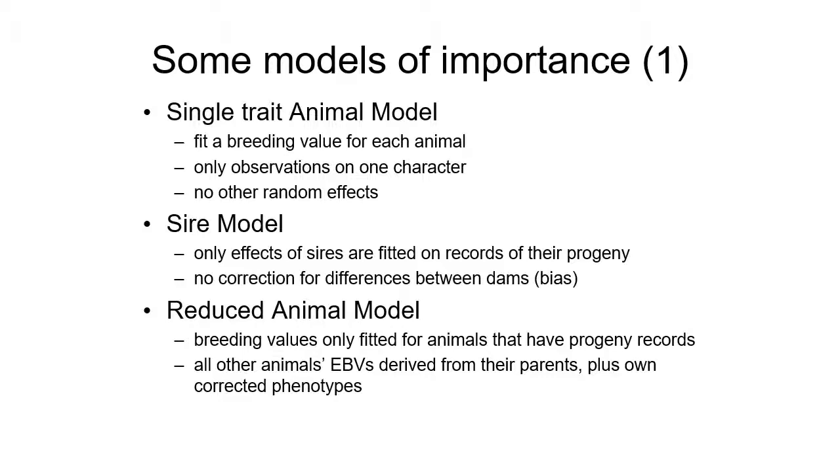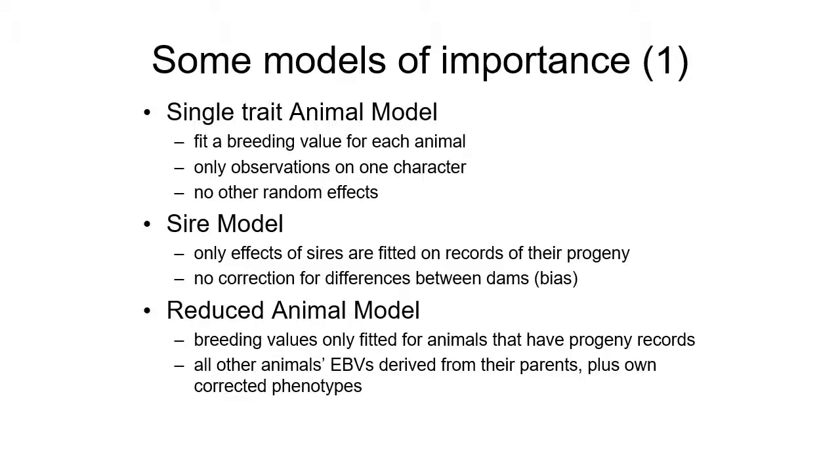Now, the sire model was the very first model when blood kicked off way back some years ago, and the sire model is based on the progeny records of sires.